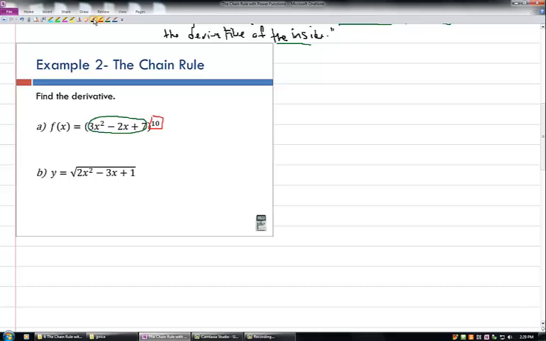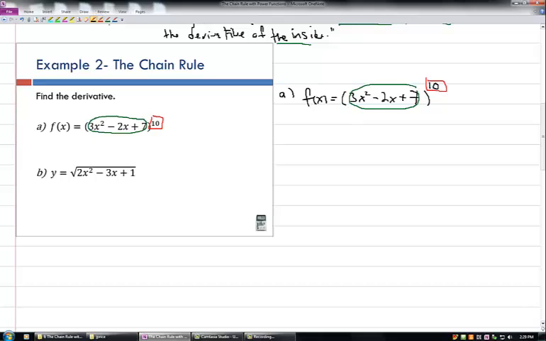And this will help me find the derivative. So let's just copy this down. f of x is equal to 3x squared minus 2x plus 7, all raised to the 10th. My inside piece, like I said before, is this 3x squared minus 2x plus 7. And then the outside piece is this thing raised to the 10th power.